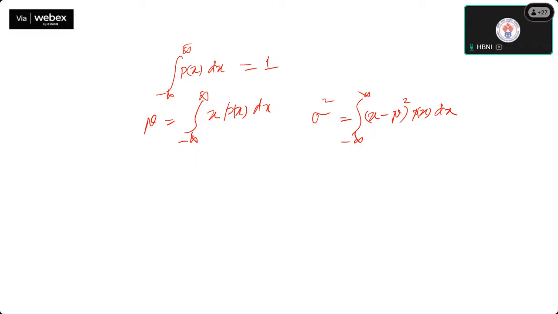Once you know the mean and variance, you can reduce your distributed data, a large number of data, to two indices. One is the mean, the other is the variance or standard deviation. That is what is finally called the uncertainty in our measurement, and the true value is the mean.